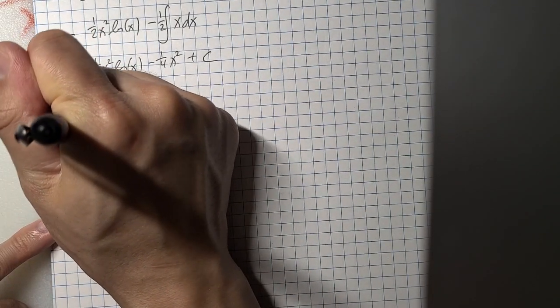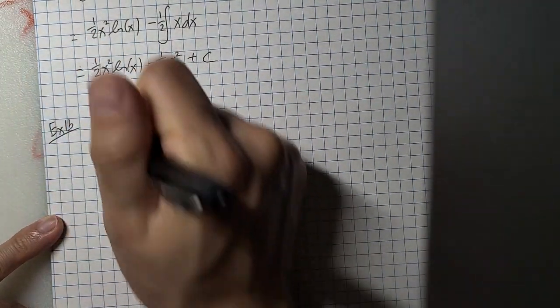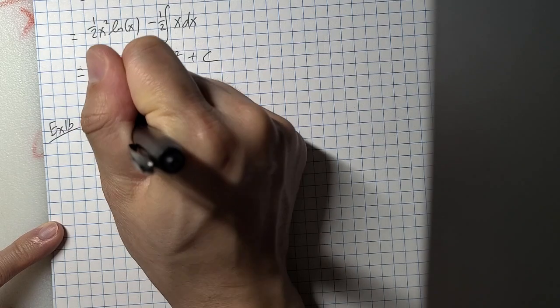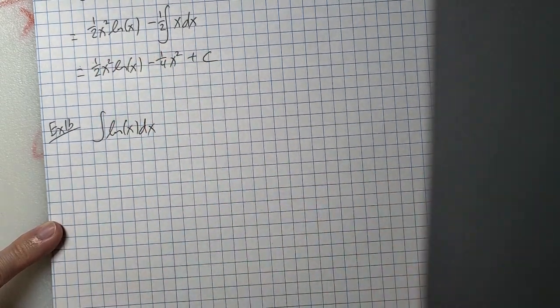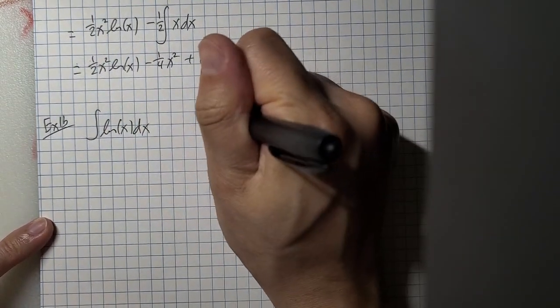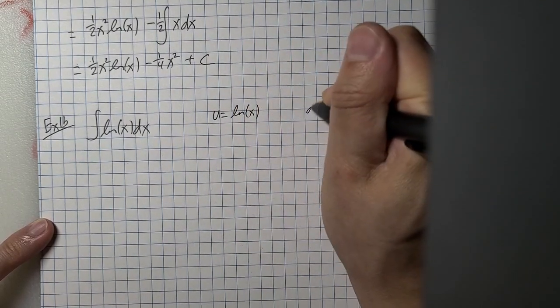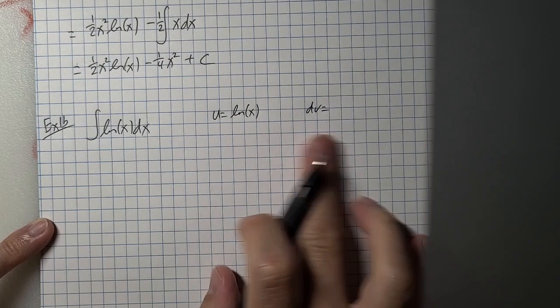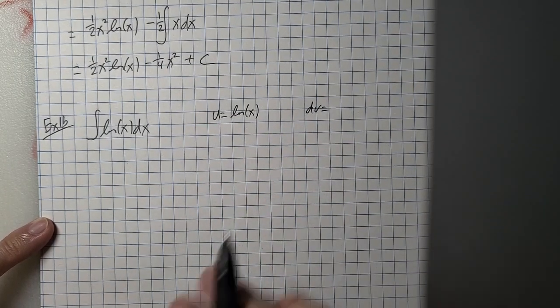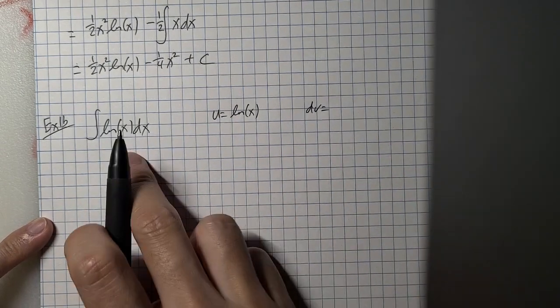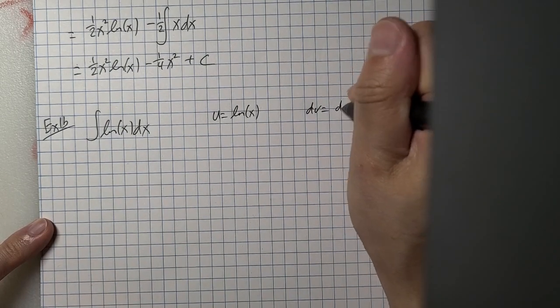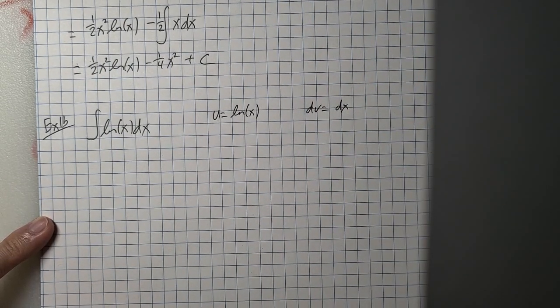Let's do example 1b. Let's do the integral of ln x dx. Again, we have to choose ln x as u. What about dv? That's the confusing part for first timers of integration by parts. What's remaining? We have a dx remaining, or 1 dx, so that could be your dv.